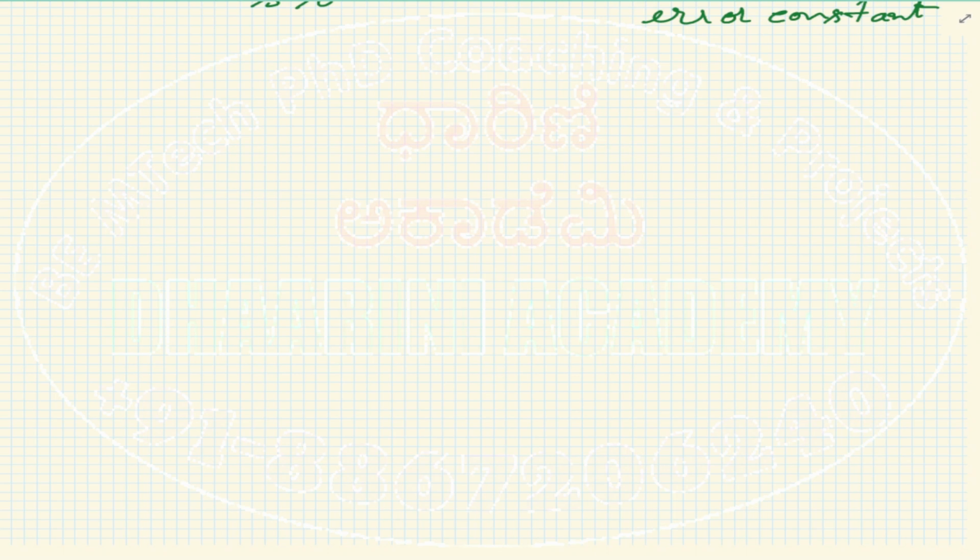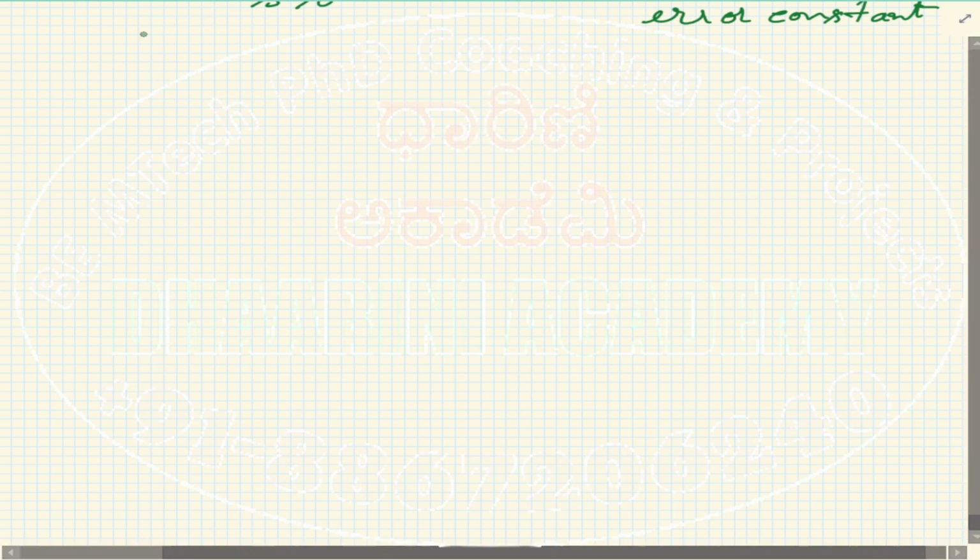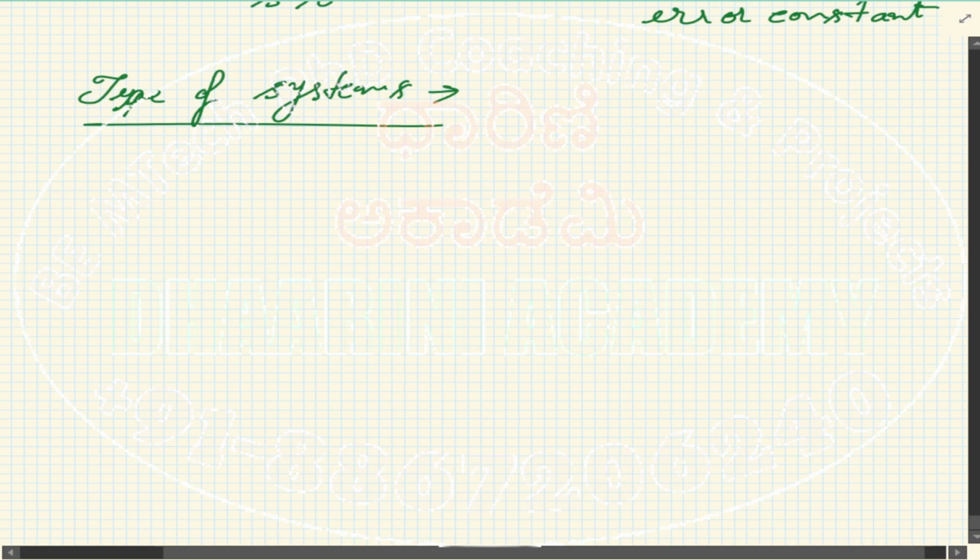So let's try to write one thing now. This is called the type of systems. So for the type of system, G of s into H of s can actually be written in several formats. One such format is called the pole zero format.